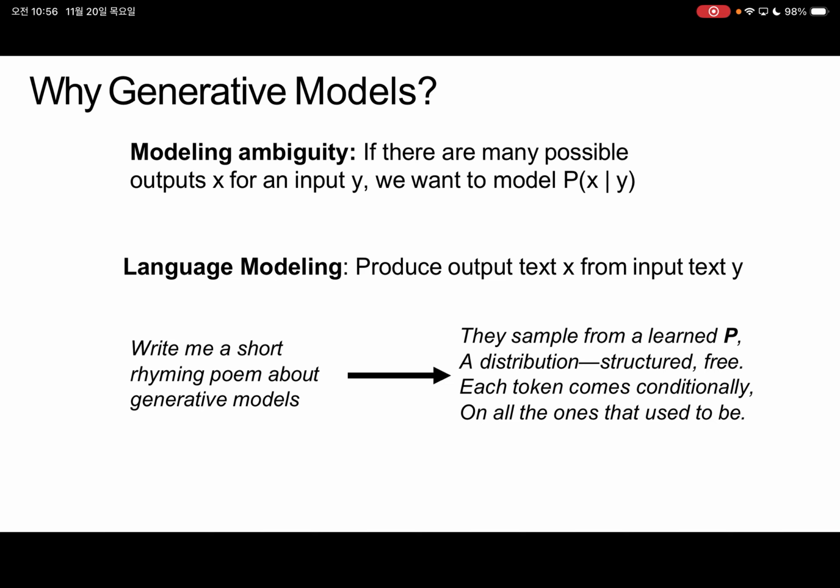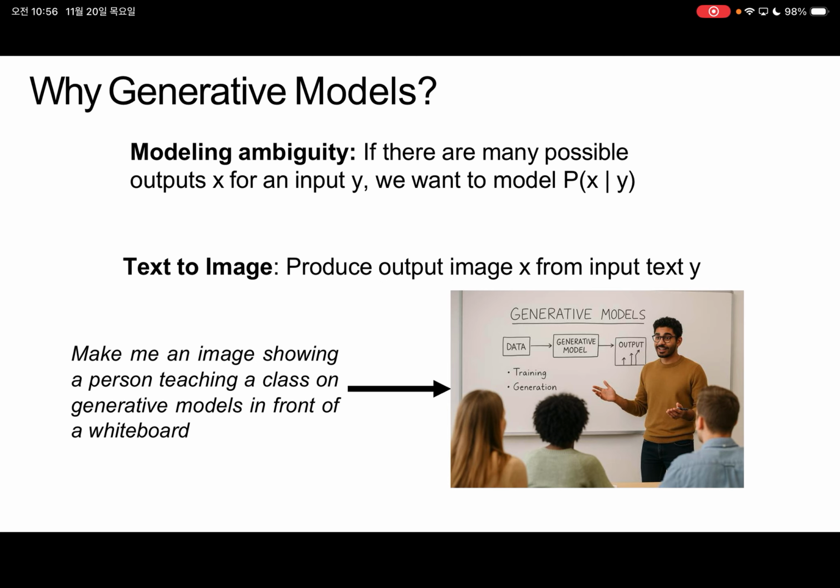Actually, there can be many ambiguities, especially if you're interested in generative model. Given a single input, like a single text prompt, there can be many possible outcomes, right? For example, write me a short rhythmic poem about generative models, then there can be many poems, right? There can be many outputs. Or text to image, right? Given text prompt, there can be many possible images.